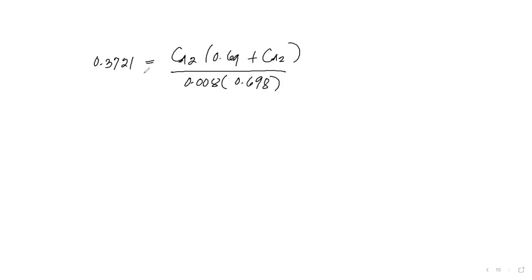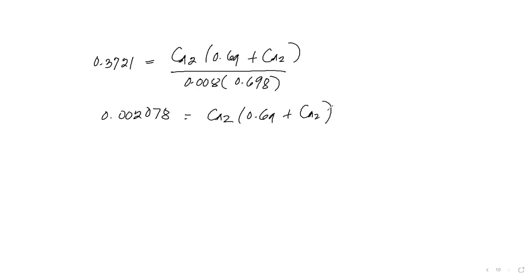So if you process all of this, that would be 0.002078. And that would be Ca2 times 0.69 plus Ca2.